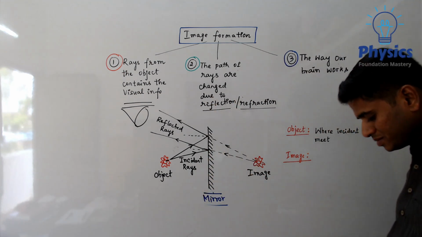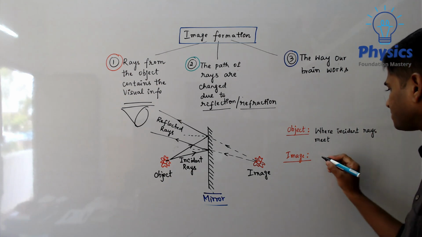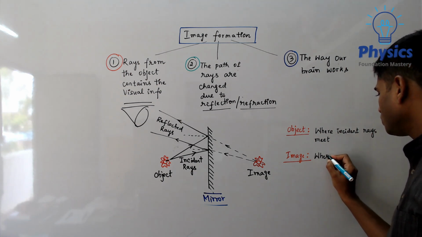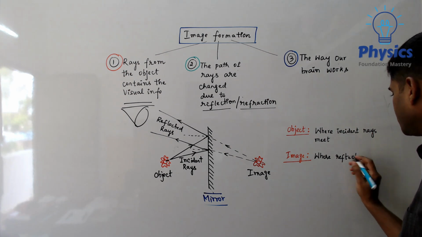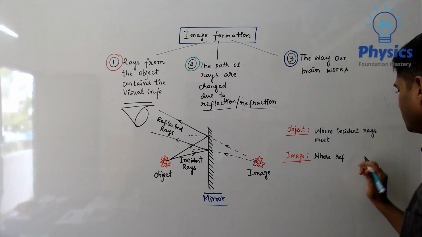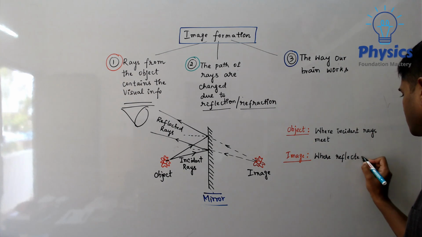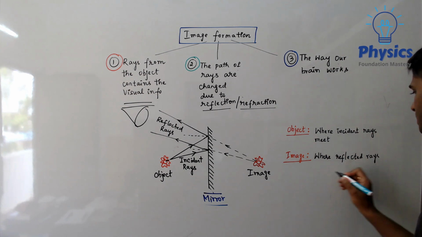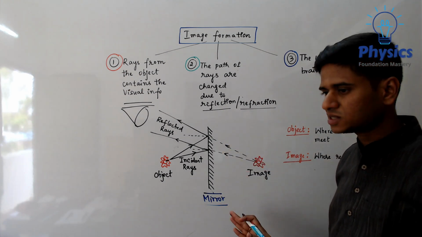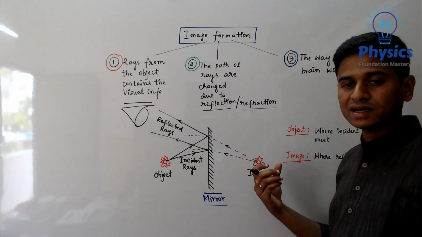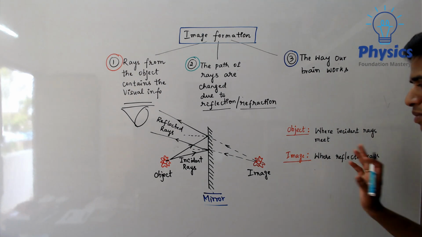Now what is an image? The definition of an image is where reflected rays or refracted rays meet. Here we are speaking of mirrors as of now. Basically where reflected rays meet, that is the image.